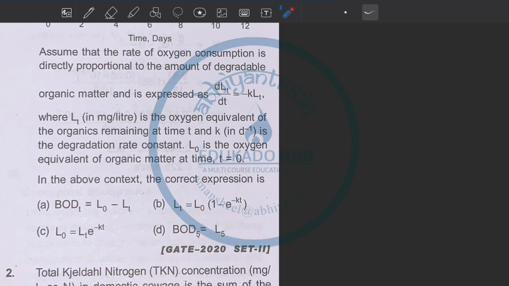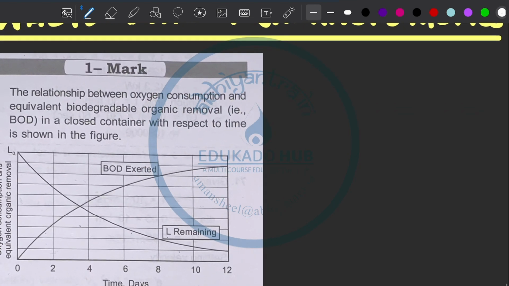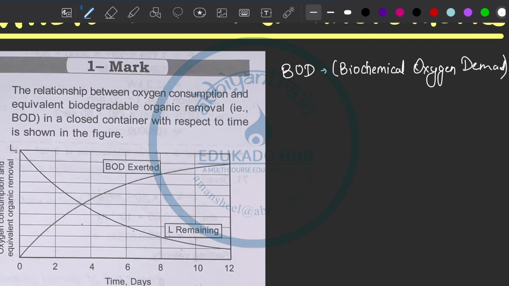And in the above context, the correct expression is, so first of all, what is BOD? BOD is termed as biochemical oxygen demand.